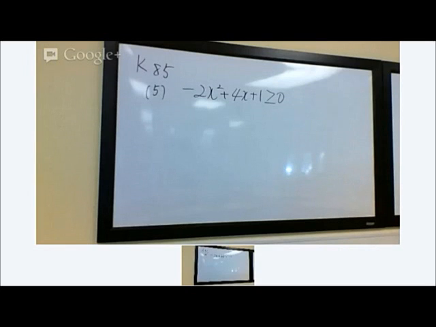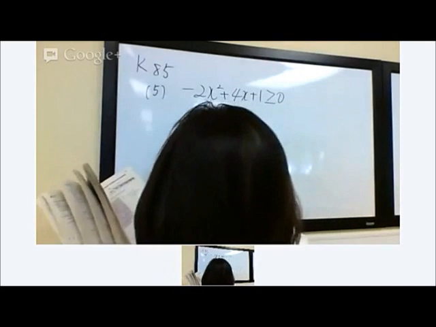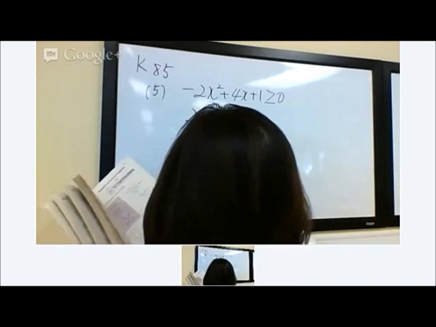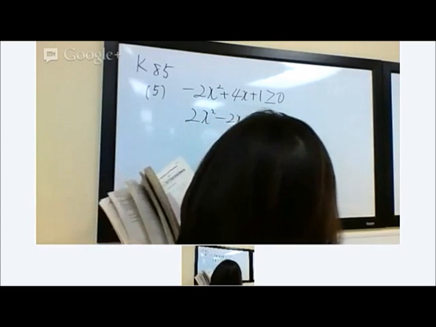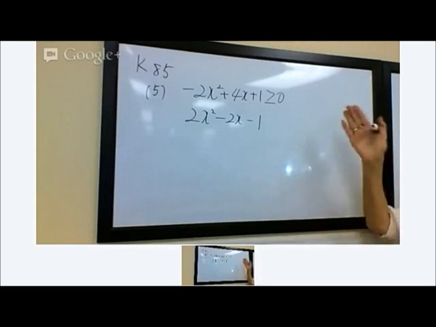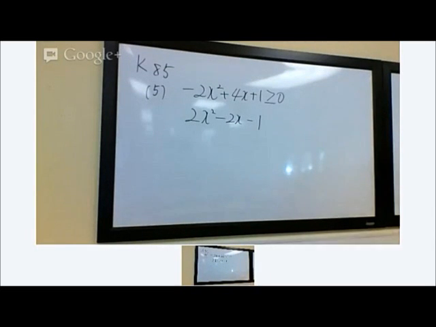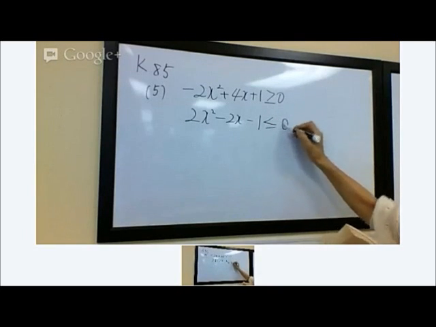If we keep the negative sign, it is more complicated. So let's divide both sides by -1, to make the coefficient of x squared positive. But be careful. When you multiply by negative numbers on both sides or divide by negative numbers, both sides need to change direction. This is one.